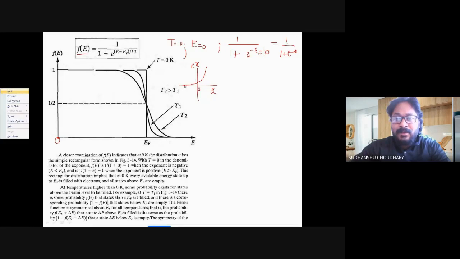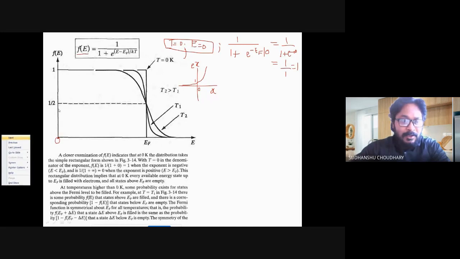So this is equal to 1 by 1, or equal to 1. That means the probability of finding an electron at E is equal to 0 is 1.